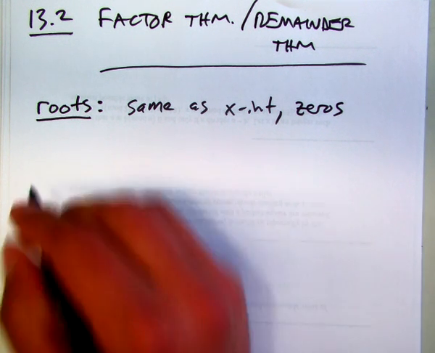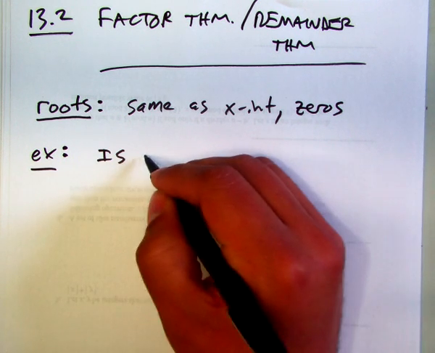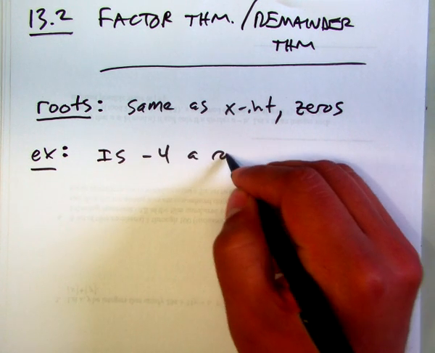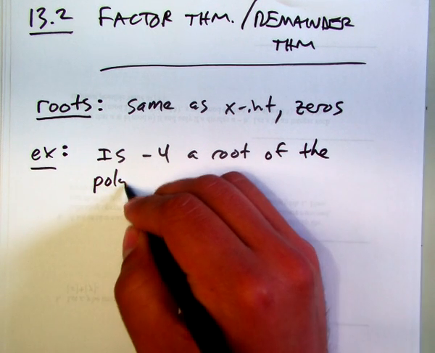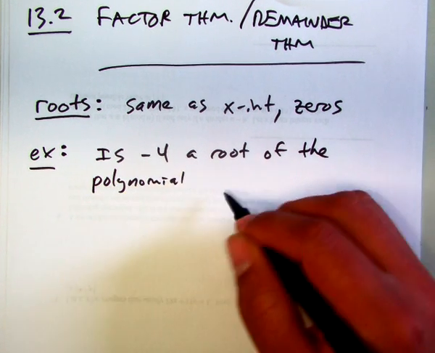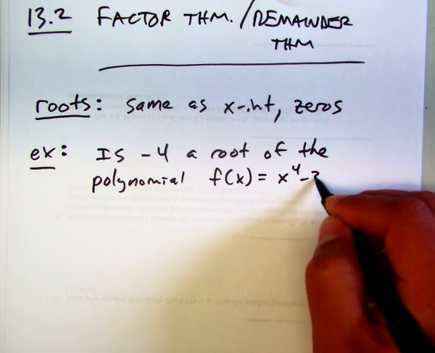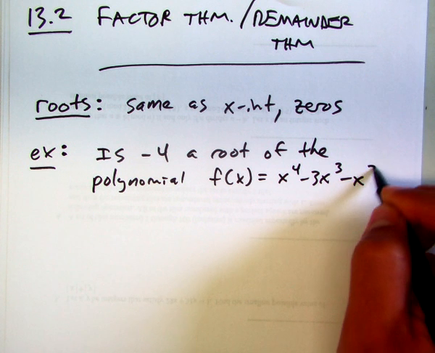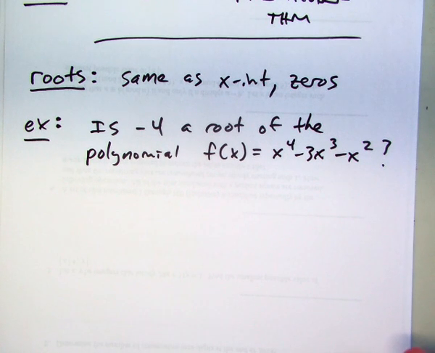So, for example, if I asked you, is negative 4 a root of the polynomial f of x equals x to the 4 minus 3x cubed minus x squared, what does it mean if negative 4 is a root of the polynomial?